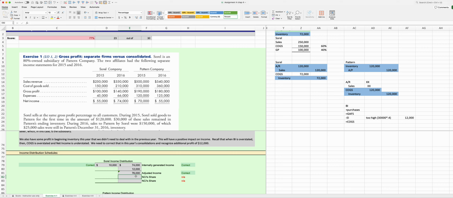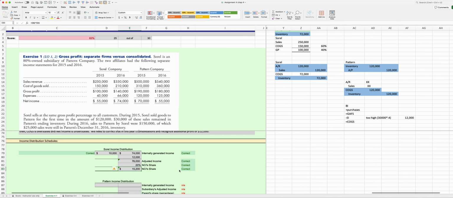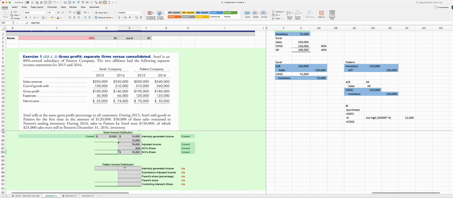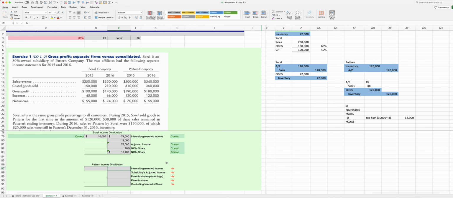And of course 20% of it is owned by the NCI, so 20% of that amount goes to NCI's share. We also recognize that there was an internally generated income by the parent, which was in 2016 $55,000.